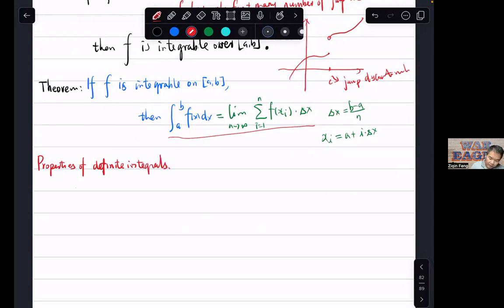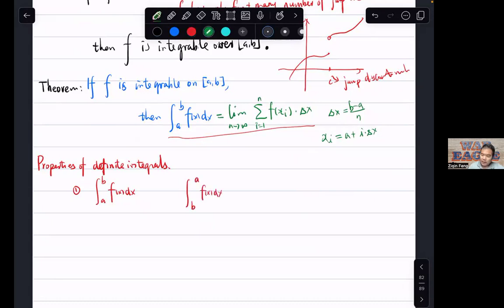The first one is the integration from a to b of f of x dx. We are assuming the function is integrable on the intervals we're interested in. Sometimes we can switch the lower and upper bounds, from b to a of f of x dx.